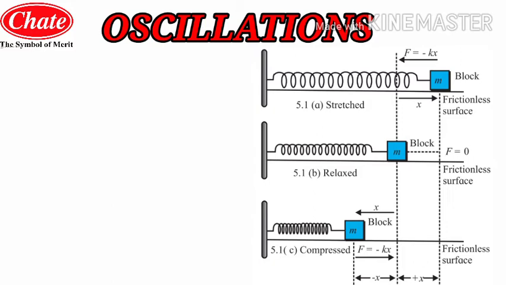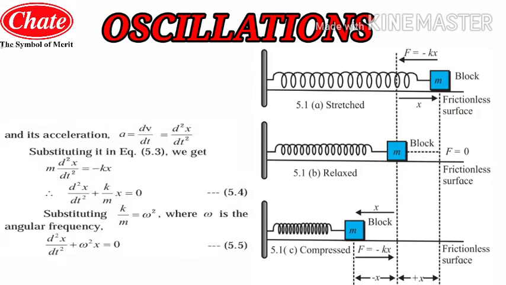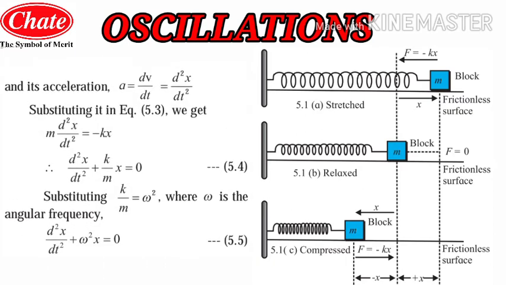Now the restoring force in both cases, at the right side of the equilibrium position and at the left side of the equilibrium position, will be F equal to minus k into x. So after that we have considered these three cases. Now we know that F is equal to minus kx, and according to Newton's second law, which gives the definition of force, force is mass into acceleration.